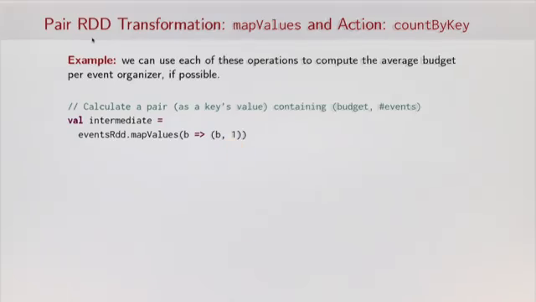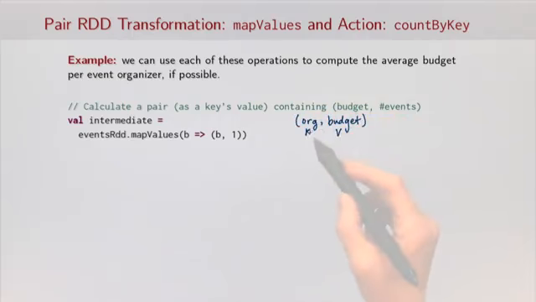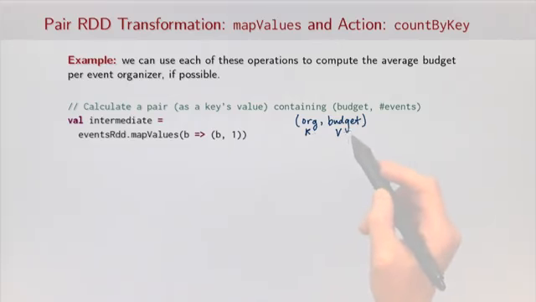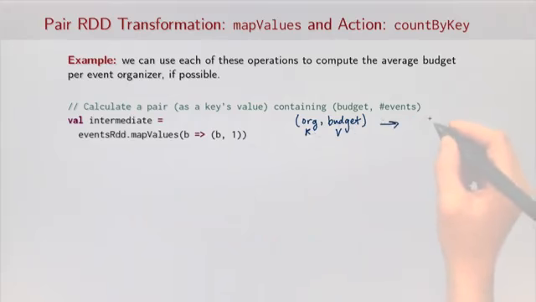which is just the number 1. Just to write this out, in the events RDD, we have the organizer as our key and the budget as our value. This is before the mapValues. And now after the mapValues, what we're going to have is this.